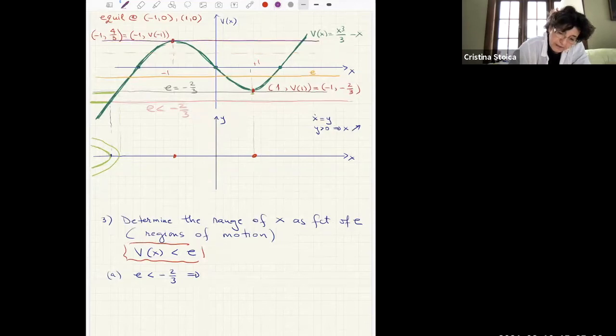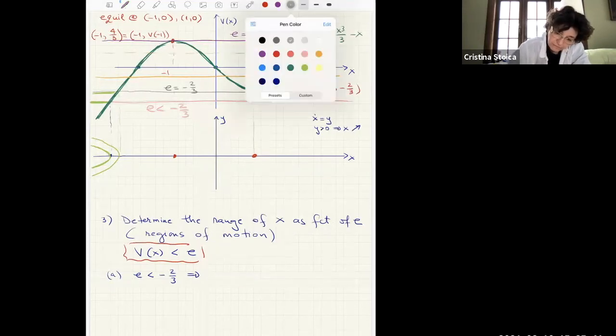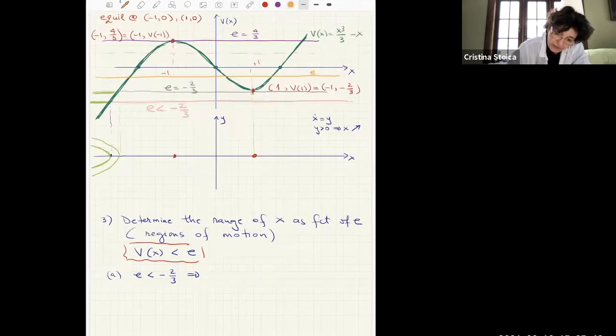But E is 4/3. So for E, now coming back to this thing, for E in between 4/3, where it changes, and where did it come from? -2/3, right? So maybe I'll put it somewhere.